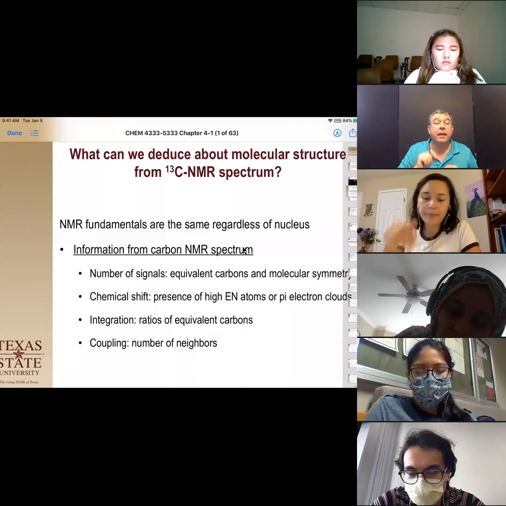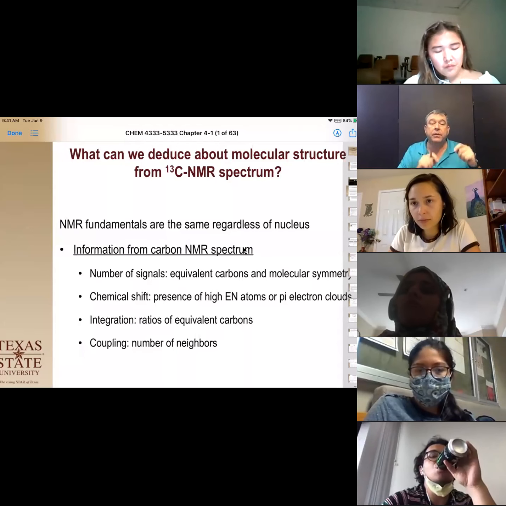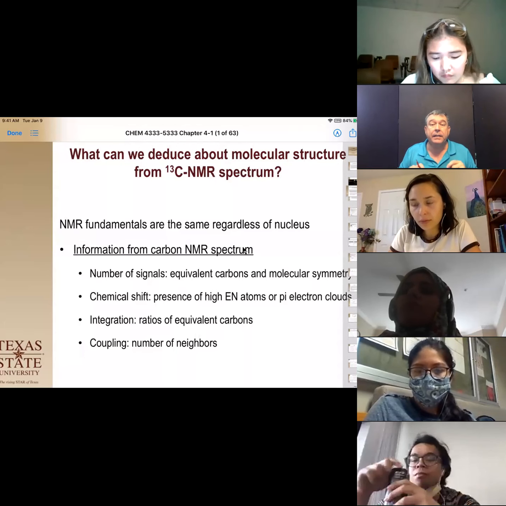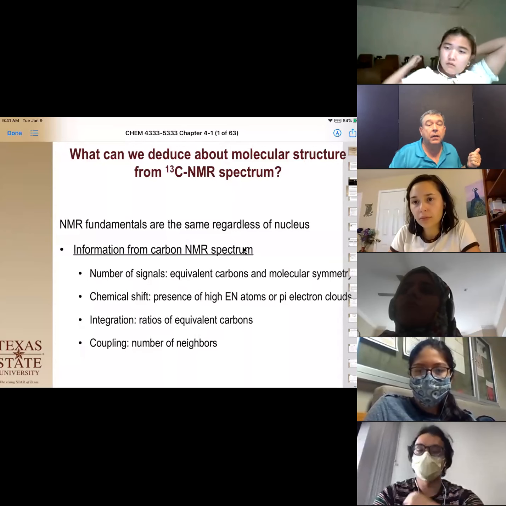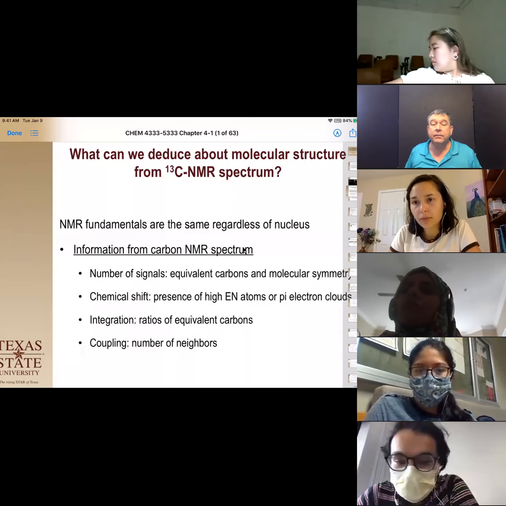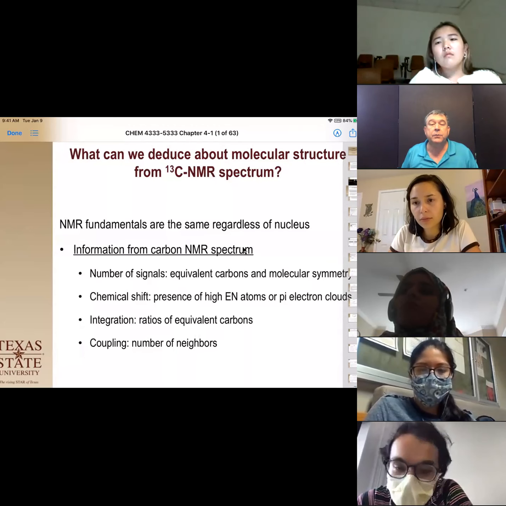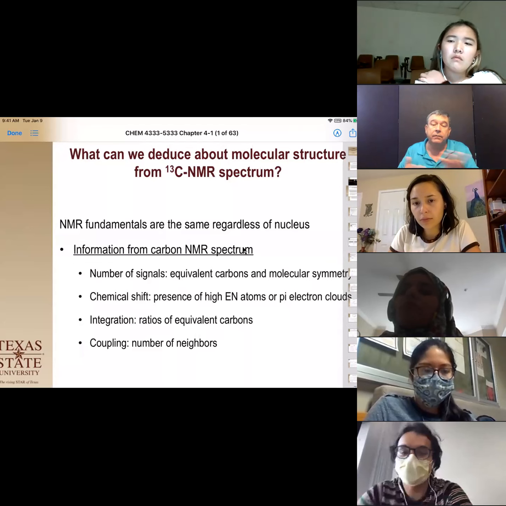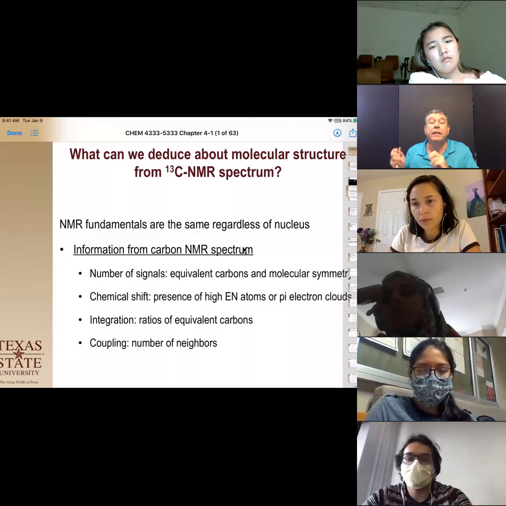If they are non-magnetically equivalent carbons, meaning it looks different on both ends, we are going to see each and every one of these because of the wider ppm range. Our chemical shift is going to be similar to that of the hydrogens, in which we get a downfield shift anytime we have electronegative atoms attached, or anytime we have double bonds or pi clouds associated.